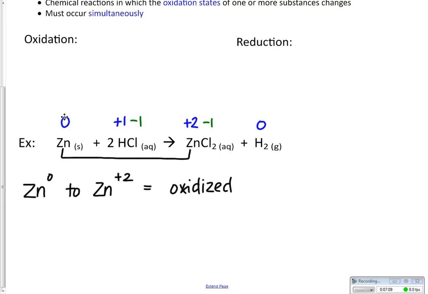The chlorine did not change its oxidation state at all, so the chlorine was neither oxidized nor reduced. If we look at the hydrogen, it went from a +1 charge down to a 0. Its charge went down, so it was reduced.